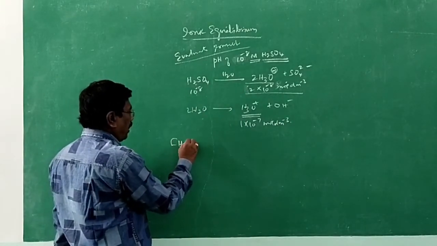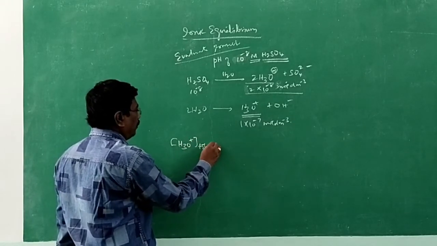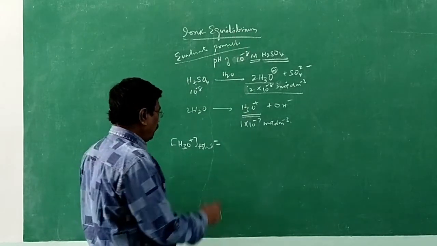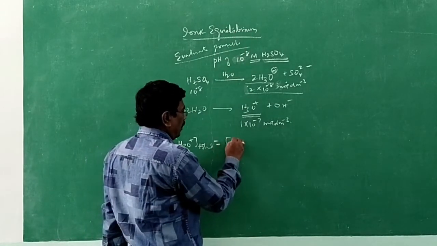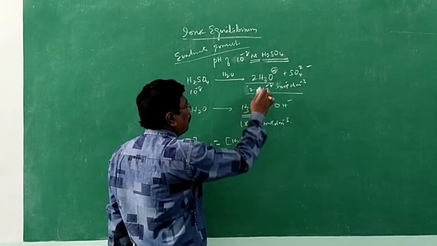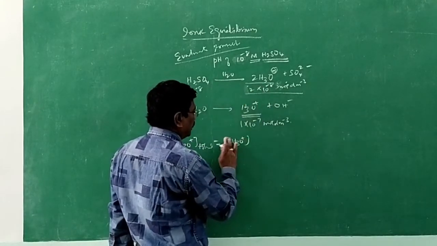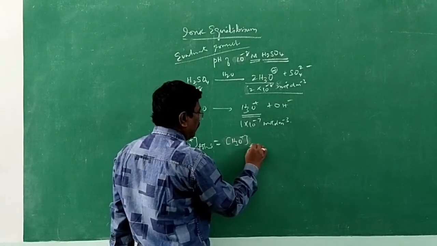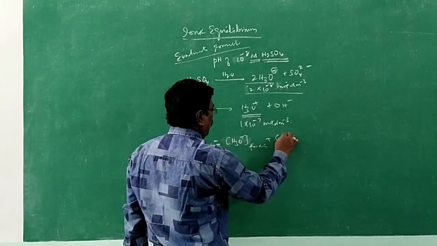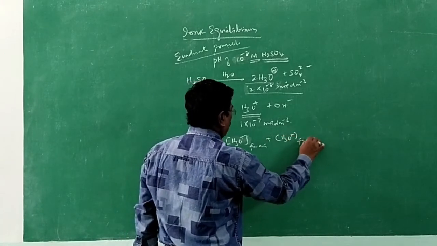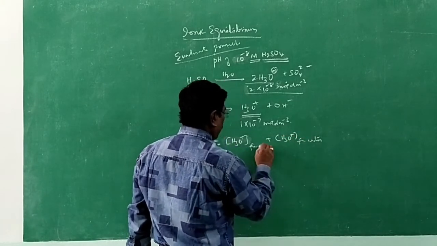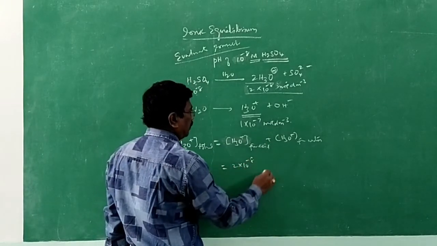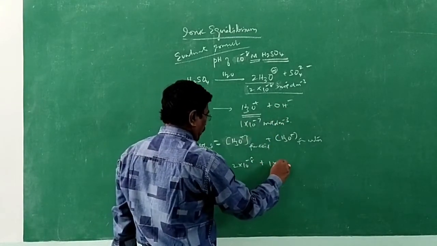The total concentration of hydronium ions available from 10 power minus 8 molar sulfuric acid is equal to the hydronium ion concentration from acid plus that from water. From acid, how much? 2 in 10 power minus 8. From water, 10 power minus 7.